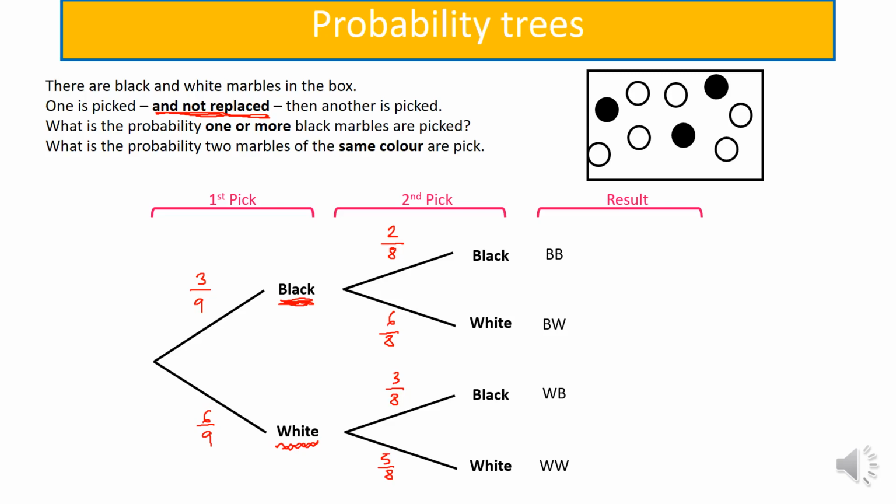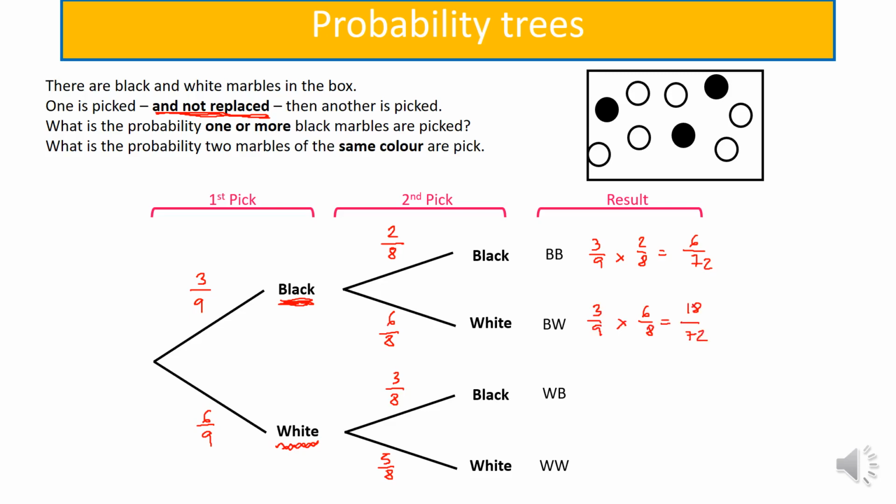Now for the final results. I've got black and black, so that is 3/9 times 2/8, which is 6/72. To find the probability of getting a black one and then a white one, that is 3/9 times 6/8, which is 18/72.